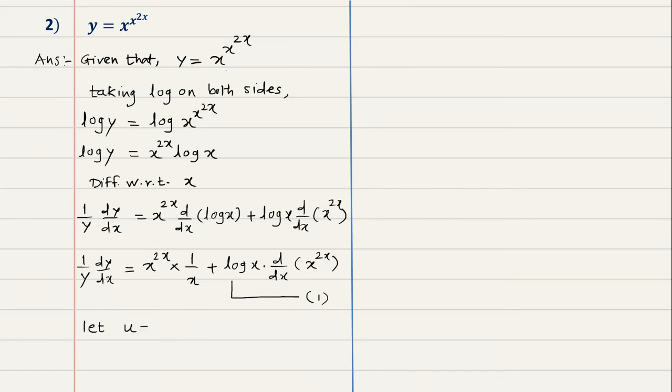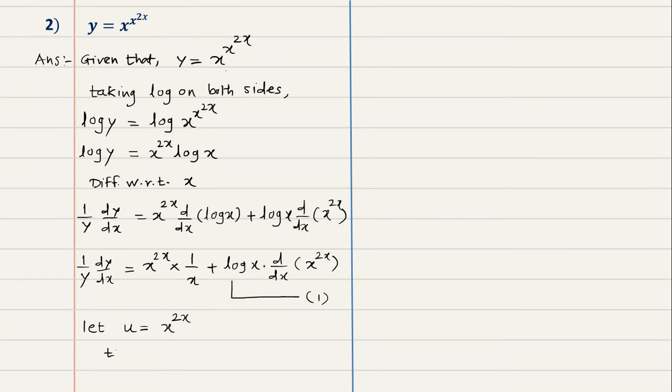Let us suppose u is equal to x raised to 2x. Let us consider this function as u is equal to x raised to 2x, and to get the derivative of u with respect to x, we need to take the log on both sides.